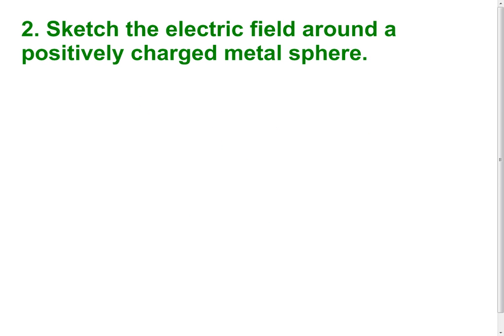Right, question 2. Sketch the electric field around a positively charged metal sphere. This is the kind of thing you get on top of a Van de Graaff generator. It's not quite spherical on top of a Van de Graaff generator, it's got a hole in the bottom, but otherwise it is.